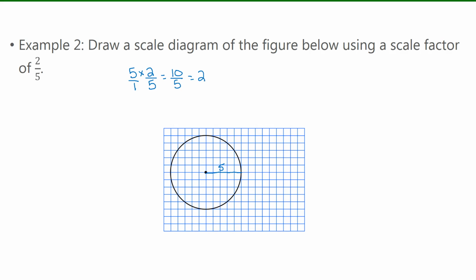So that means the radius of my circle is going to be 2 units. Since the radius is 2, I can also put a dot here, and a dot here. So now connect those dots the best you can in a circular manner.